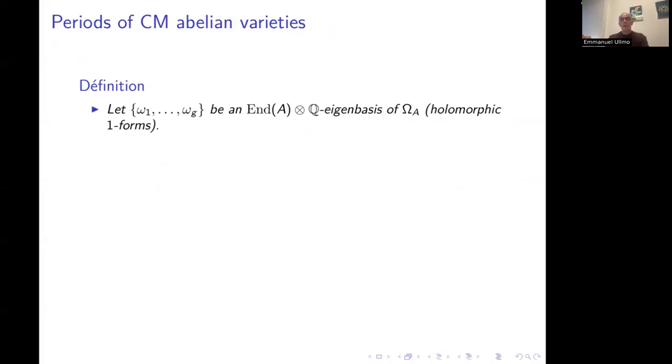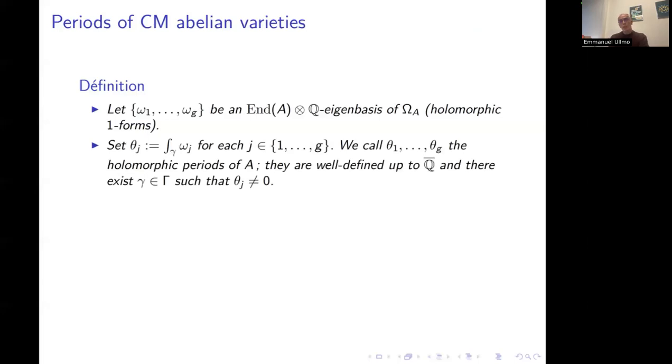If you start with an End(A)⊗Q eigenbasis of holomorphic one-forms ωj, then the quantities θj, equal to the integral over γ of ωj, are, up to multiplication by an element of Q-bar not depending on γ, well defined. This is an observation by Shimura, I guess. And then you can find a γ such that these numbers θj are non-zero.